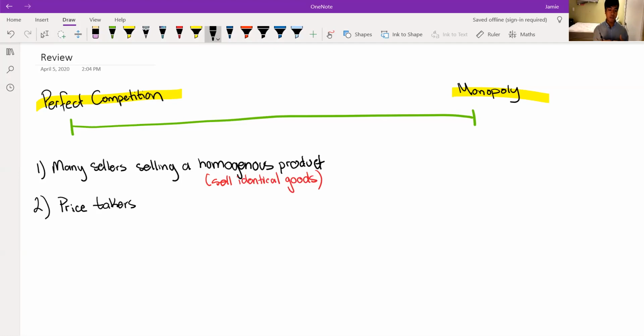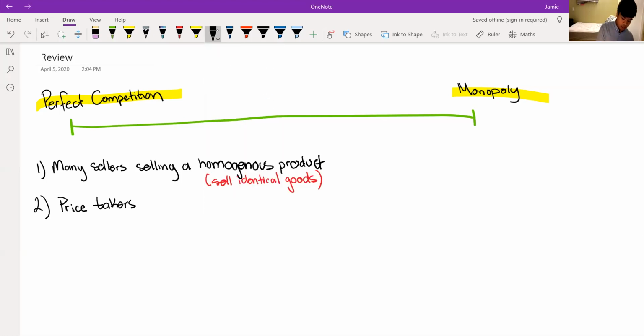If they sell at a higher price, no one's going to buy their good, because why pay a higher price when I could go somewhere else and buy it cheaper when it's the same quality? Conversely, if I sell at a lower price, I'm just undercutting my profit. So it doesn't make sense for a firm to raise or lower the price compared to the market price.